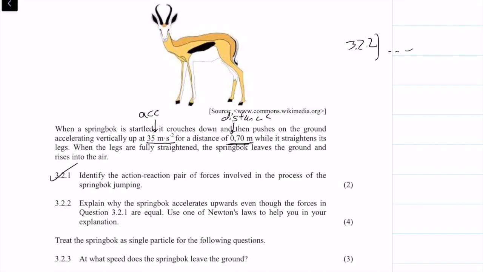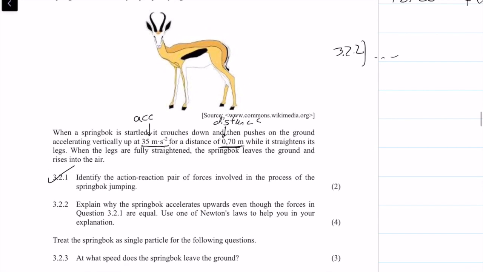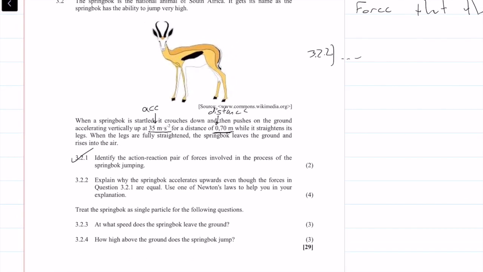So the resultant force on the springbok is upwards because the force that the ground exerts on the springbok is greater than the weight. Okay, so by Newton's second law, the resultant force produces an acceleration upwards. So that would be the complete answer.